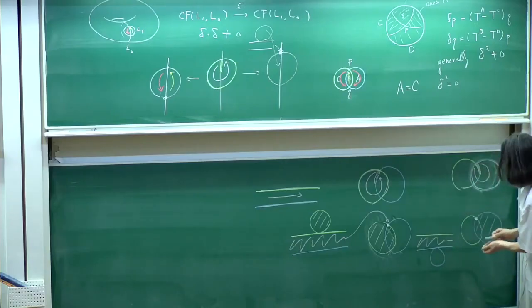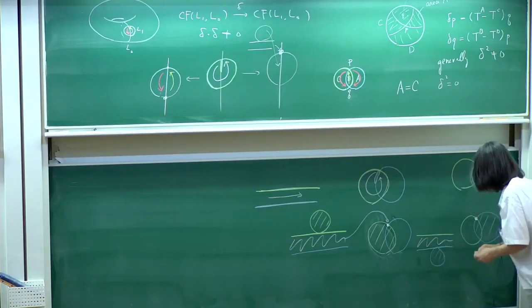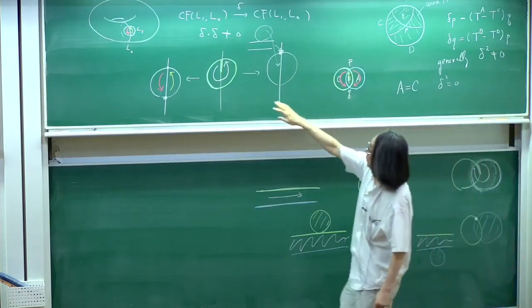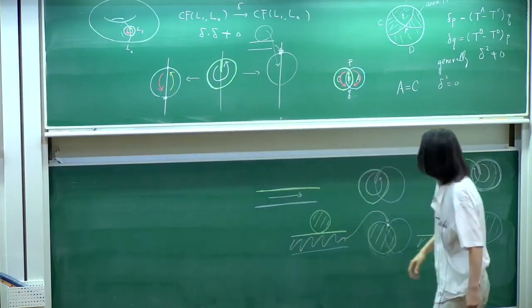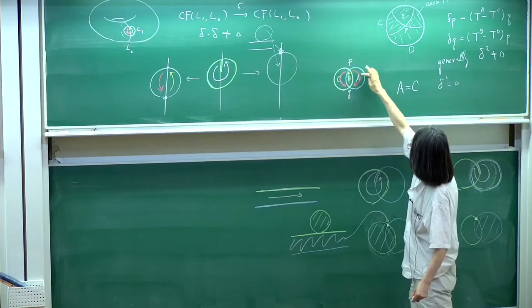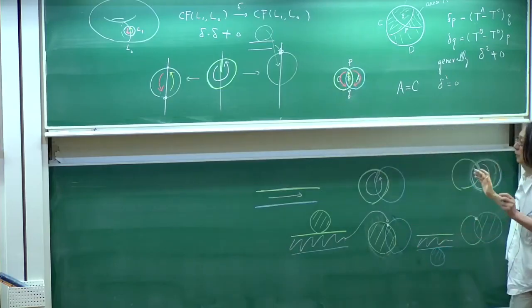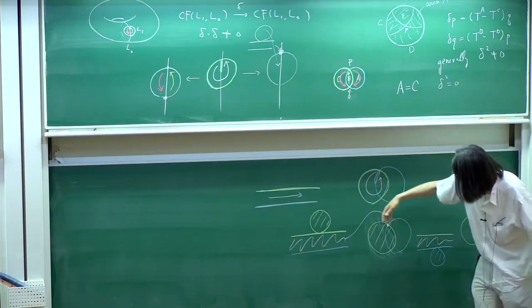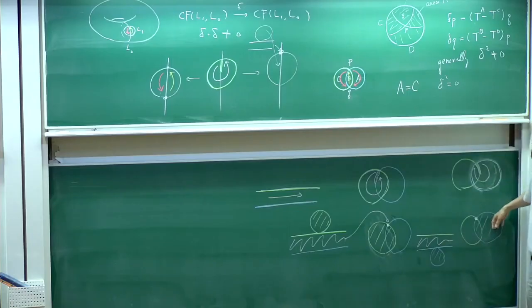But this disk is mapped to here. Right? So somehow, if we just study this sort of phenomenon, this red, yellow, they don't really exactly cancel. But anyway, we have this contribution and this contribution.